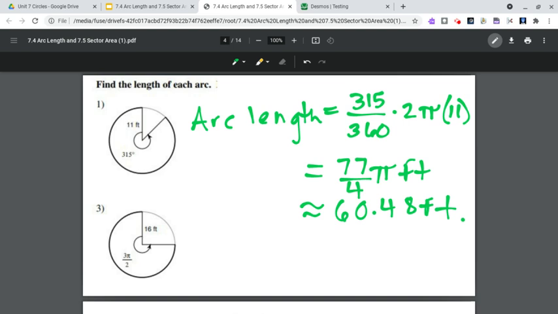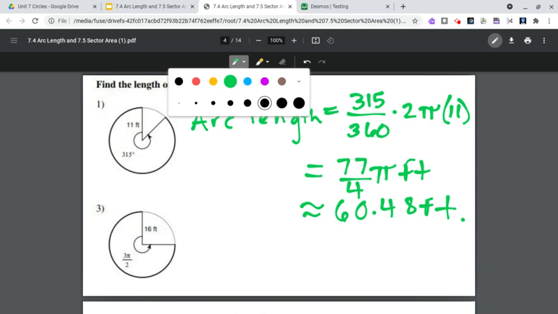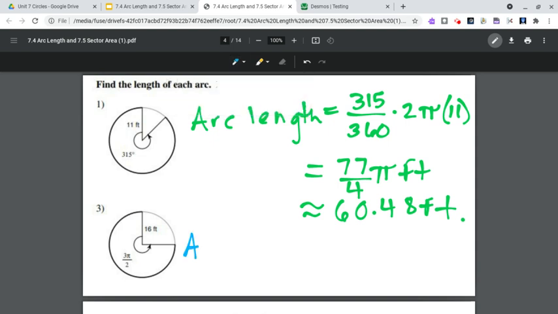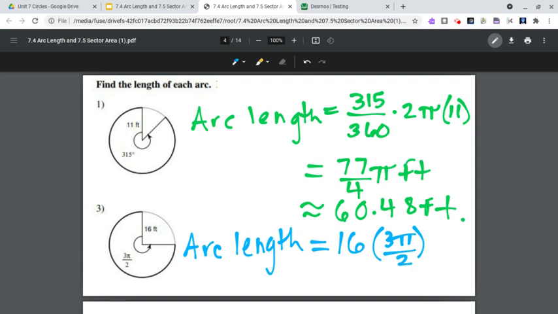Okay, next one. This time we're given the measurement of theta in radians. So let's change colors. Arc length, because it's given to us in radians, we're just going to do the radius times theta in radians. So theta times the radius, 3 pi over 2, which is going to give us 16 times 3, which is 48, divided by 2 is 24 pi feet.